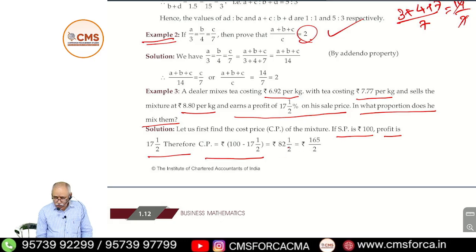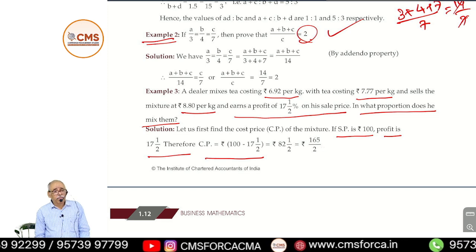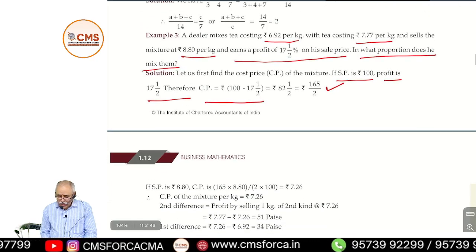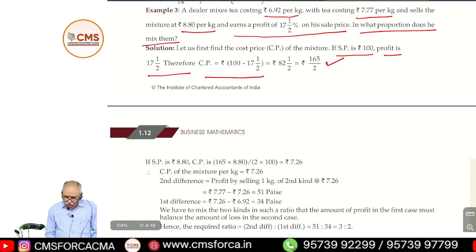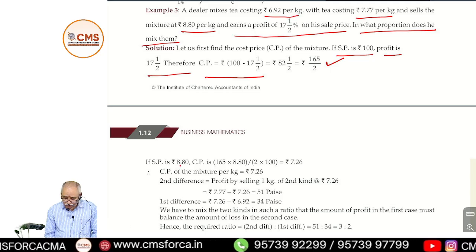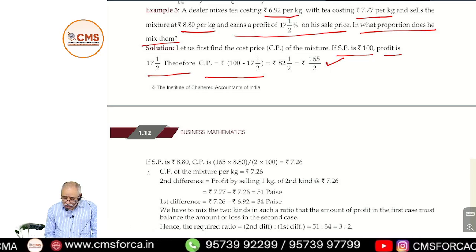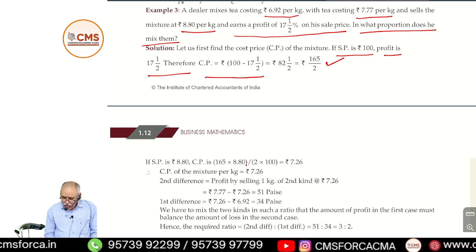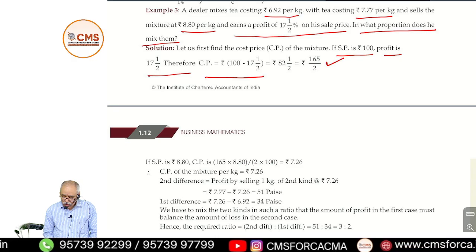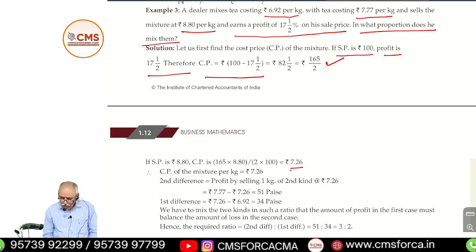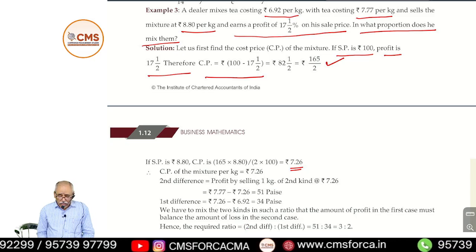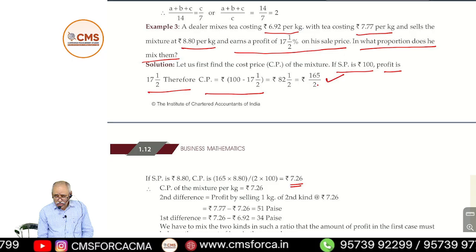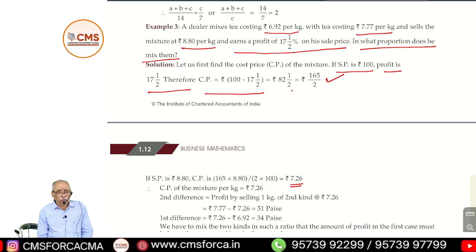That means 82.5 converted into an improper fraction is 165 by 2 rupees. If SP, selling price, is 8 rupees 80 paisa, CP is 165 into 8 rupees 80 paisa divided by 2 into 100. Did you understand this step or not? For every 100 SP, the CP is 165 by 2, that is 82.5 rupees.